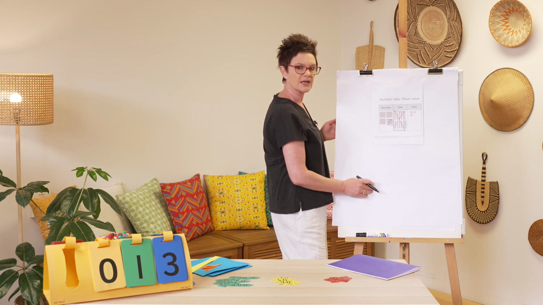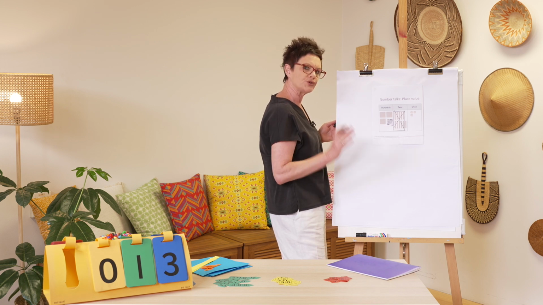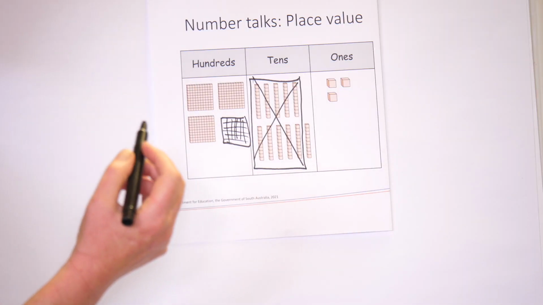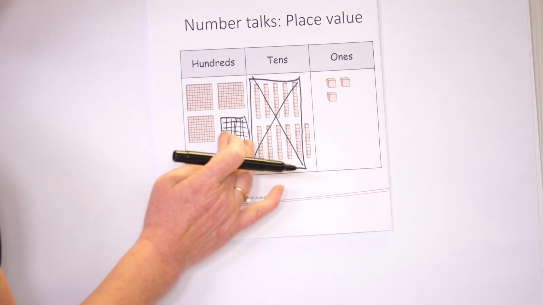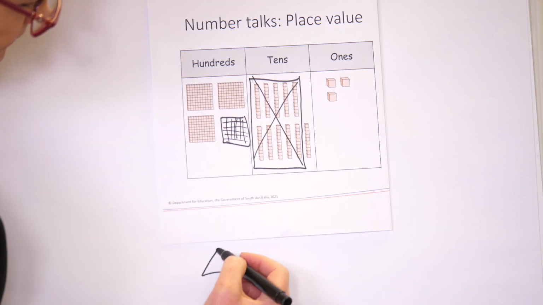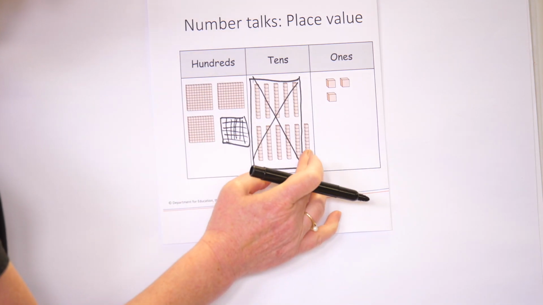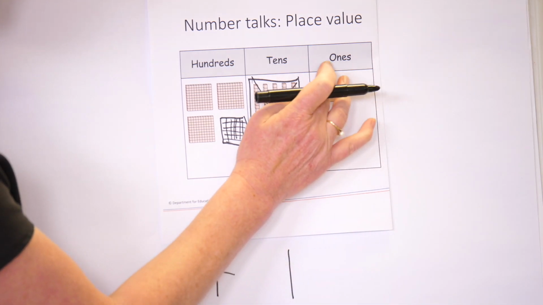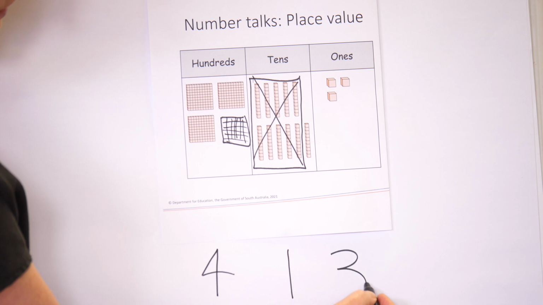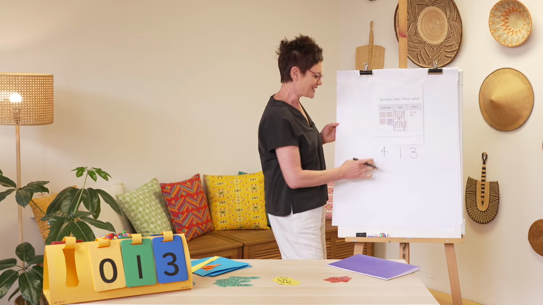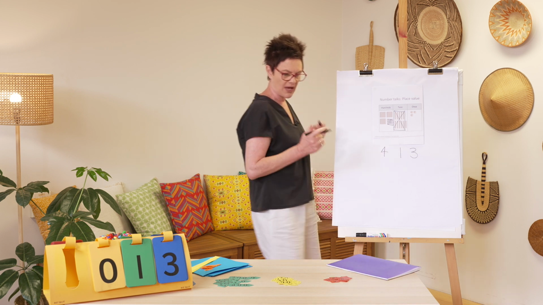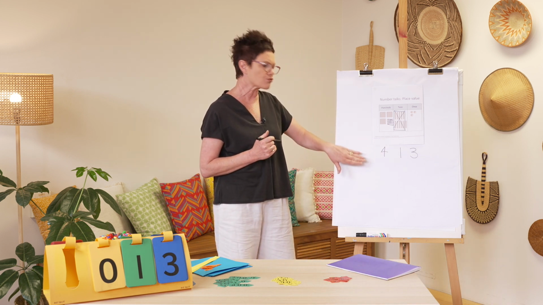Okay, let's count again. What number do you have now? Okay, let's see if you're right. We have 4 hundreds. We have 1 10. And we have 3 ones. Our number is 413.